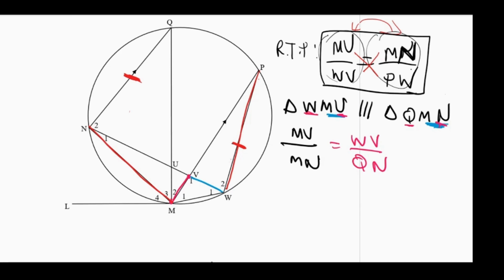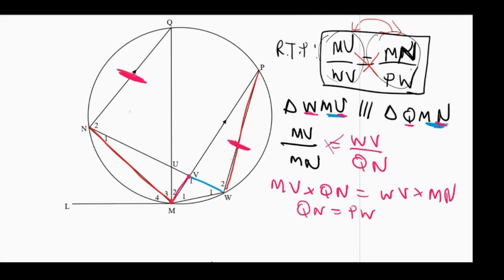So what you will do is you'll cross multiply. So it's going to be MV multiplied by QN equals to WV multiplied by MN, right? And we know that QN, which is this portion here, is equal to PW, right? So it's given is equal to PW. So this is given, right?